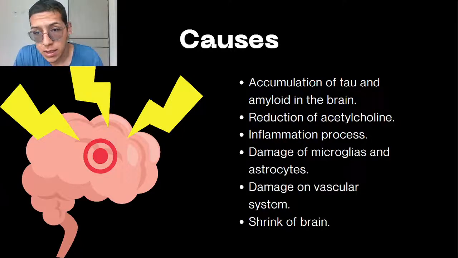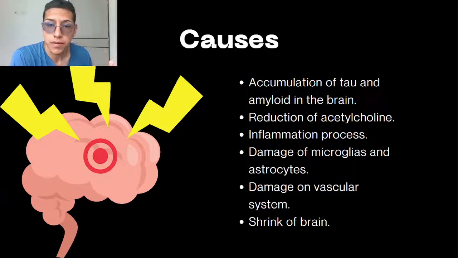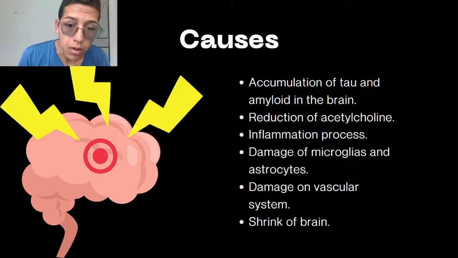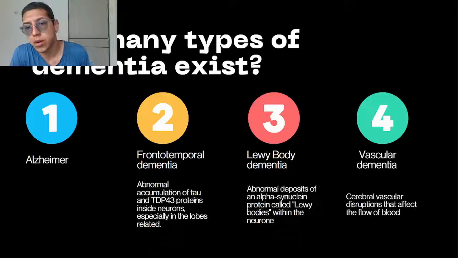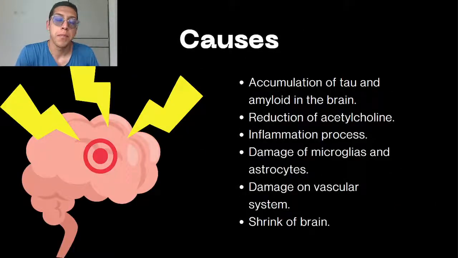These proteins are related also to the reduction of acetylcholine, a neurotransmitter related to learning and memory. That leads to an inflammation process, and as we said before, this inflammation process complicates the delivery of glucose into the brain, so it starts to cause damage.